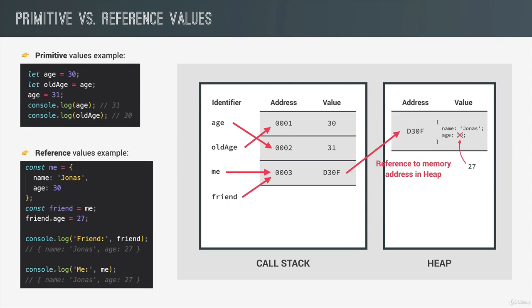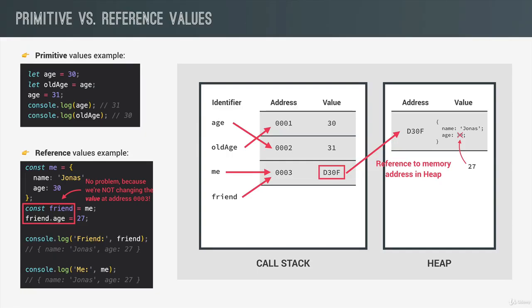And by the way, even though we defined the friend variable as a constant, we can actually still manipulate the object without problems. And when we think about that, it makes sense, because we're actually not changing the value in memory for the friend identifier. It is still D305, so the reference to the object.